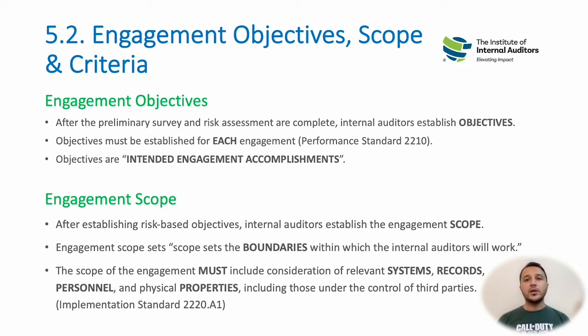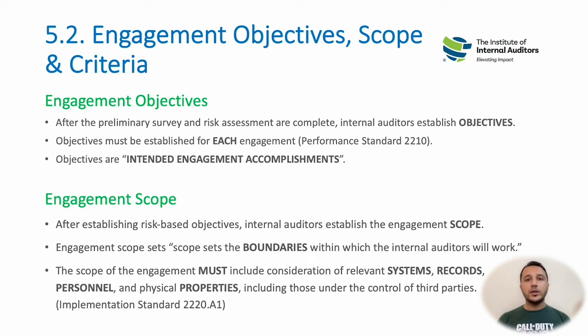For example, if I'm doing an expenses review, I will be very specific about whether I'm doing a G&A, general and administrative expenses review only, or am I looking at all types of expenses, maybe direct or indirect expenses, interest expenses, taxation related expenses, depreciation related expenses.